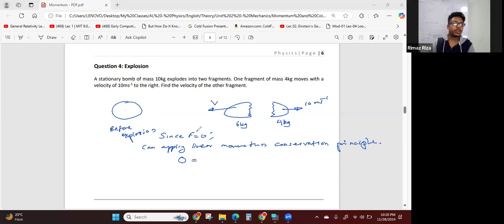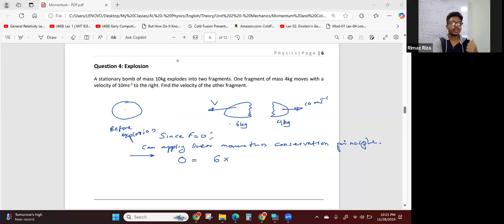So here I told you momentum is a vector quantity, therefore you need to consider direction. So I consider to the right side. If we consider this one, it has mass of 6 and it moves to the left.